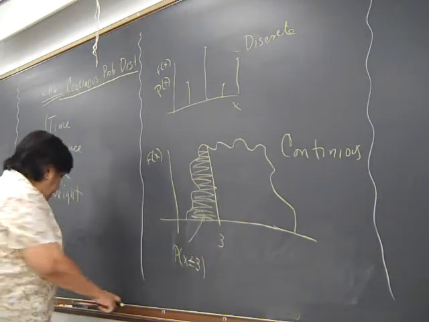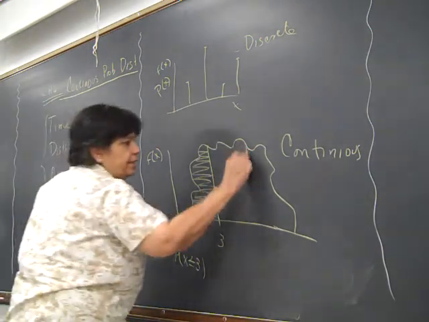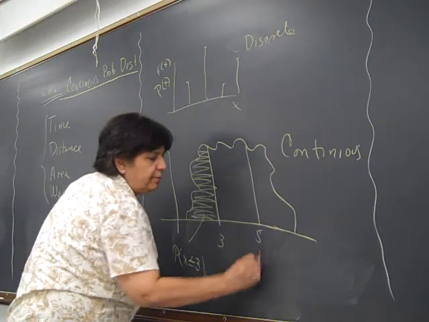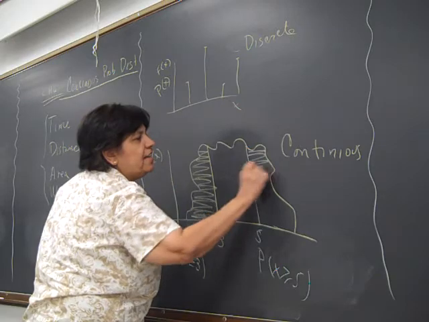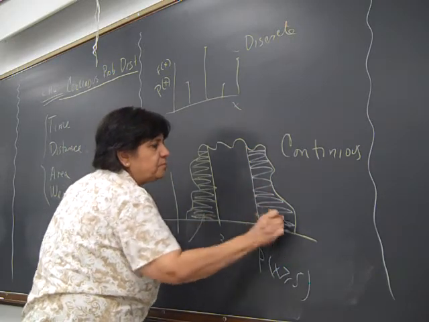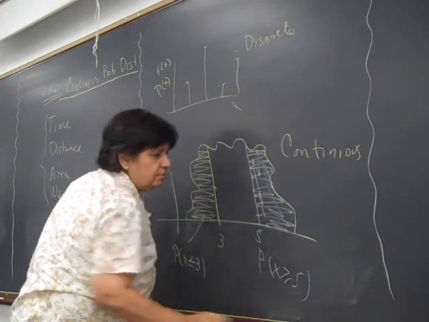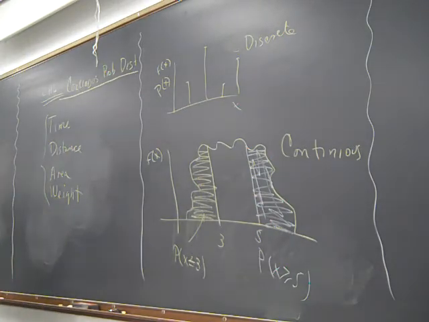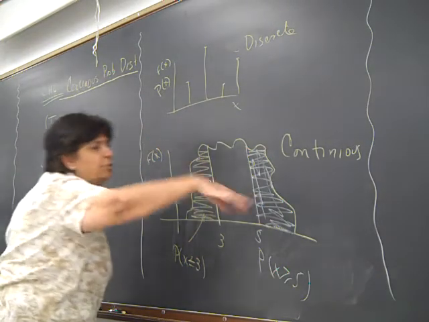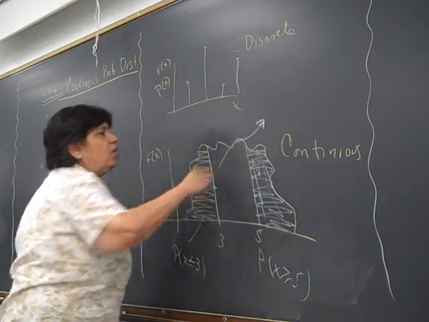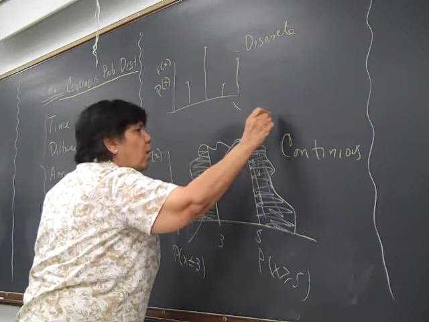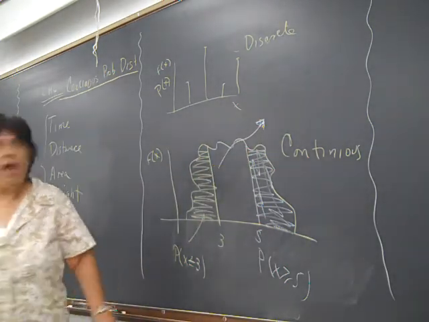Let's say that this is 5. What is the probability that x is greater than or equal to 5? It's the area. And in any distribution, no matter what the shape is, all the area under the curve has to be equal to 1.